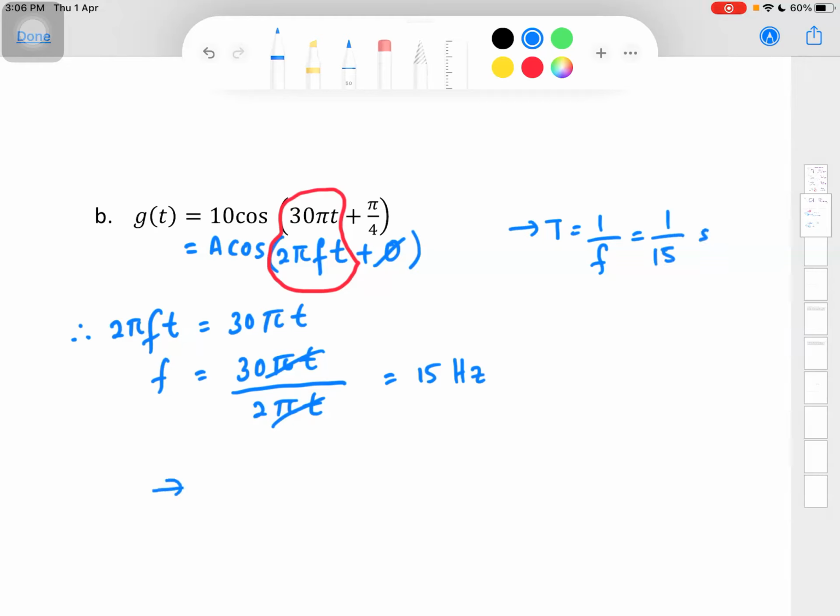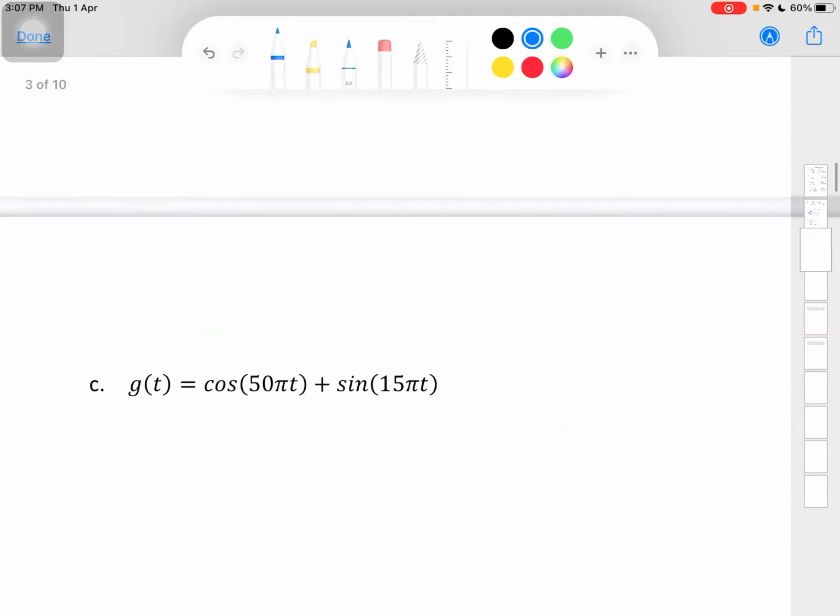And we can calculate the angular frequency, which is 2 pi f, or you can also use 2 pi over T. So 2 times 15 will give you 30 pi radian per second.